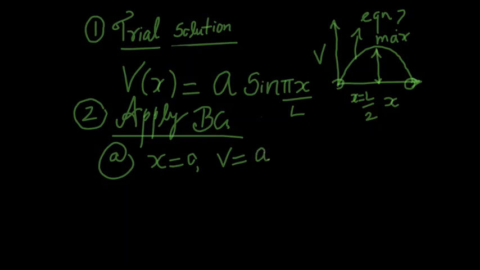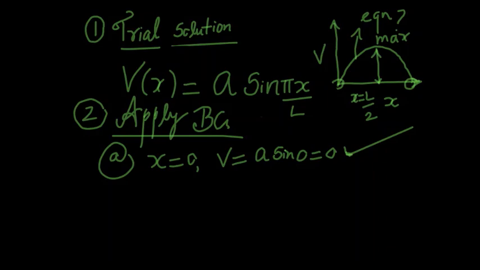In this equation, a into sine pi into x becomes 0, so it becomes 0. So this boundary condition is readily satisfied. So I'm putting a tick mark here.